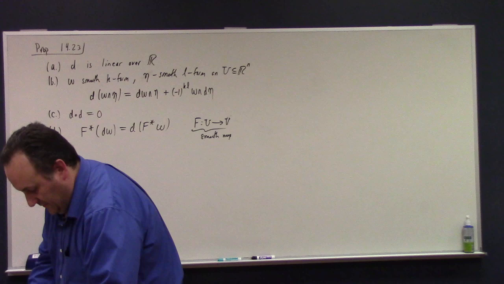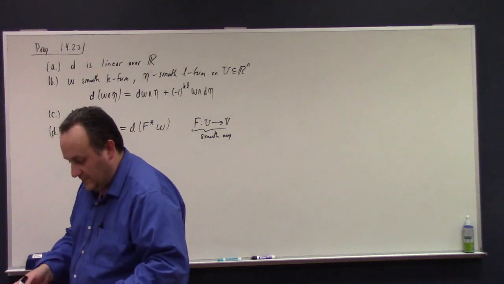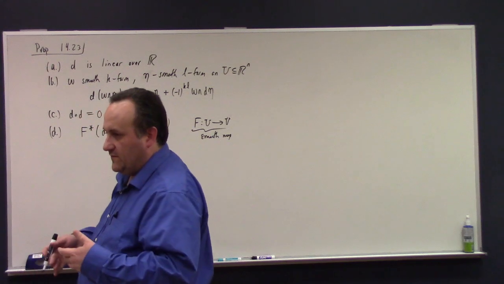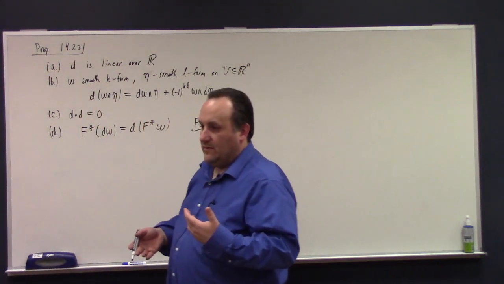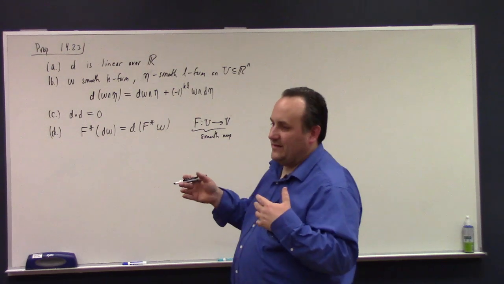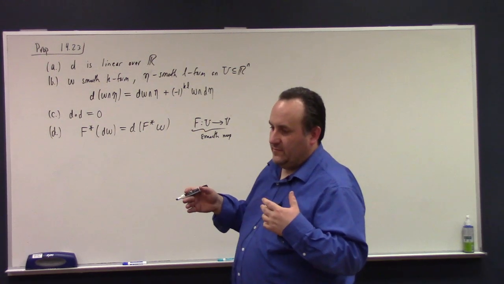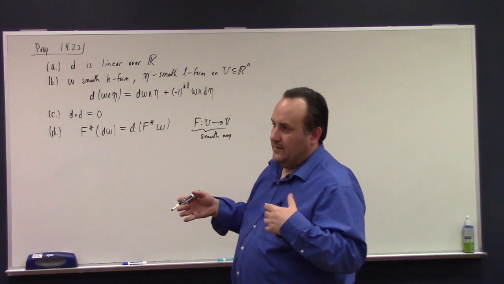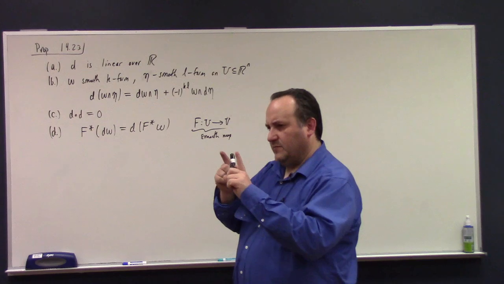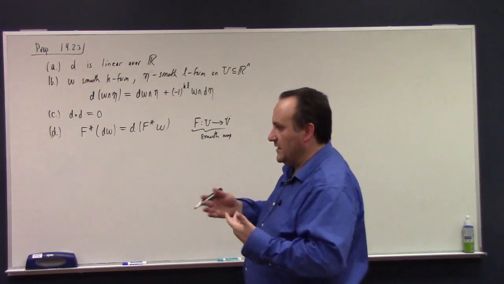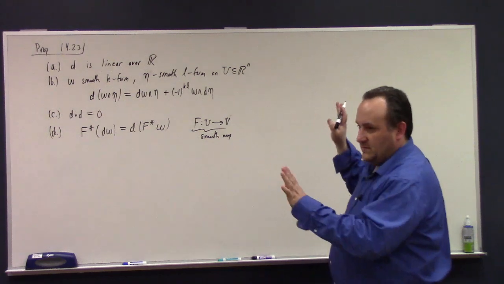He proves these properties by explicit calculation on the wedge product of the differentials of Cartesian coordinates, and it all stems from the product rule for the regular partial derivative on Rn, and the fact that partial derivatives commute for smooth functions. So like partial x, partial y is partial y, partial x. Those two things give you all of this.